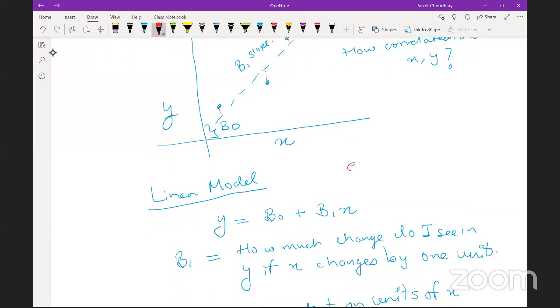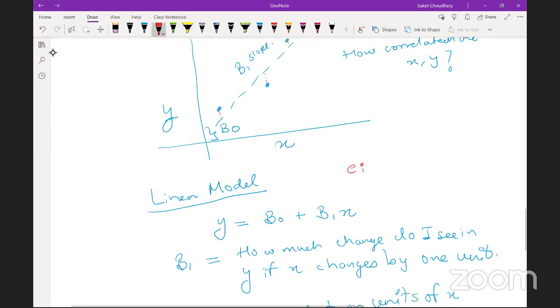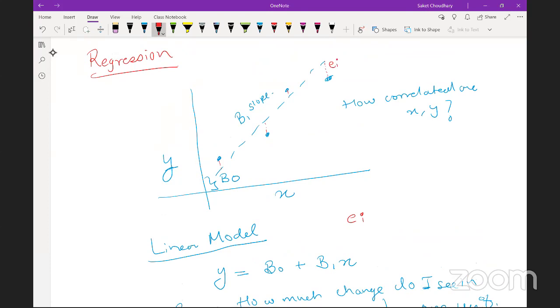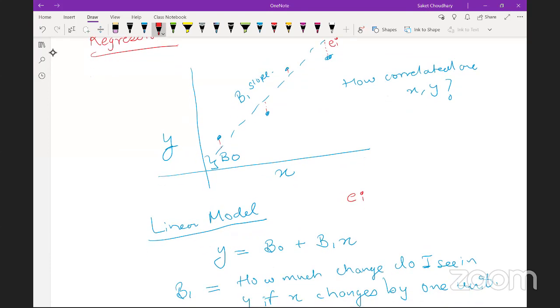We said, let's assume that the residuals that we have, we minimize your residuals, or residual square, whatever you want to call it, summation from i equal to 1 to n.